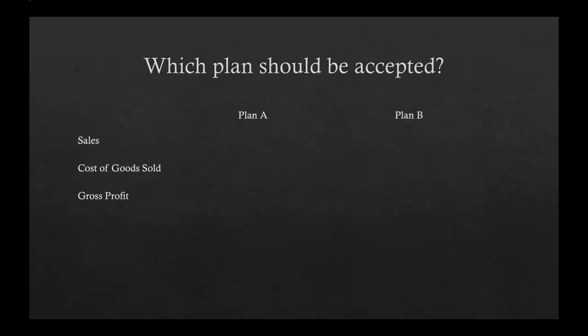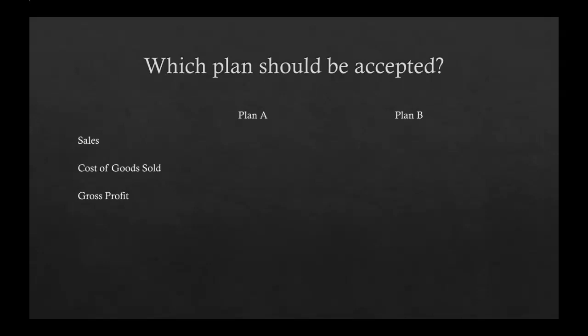So now the important part. Managerial accounting is all about making these decisions. You've made a sales budget, a production budget, you found out your cost per unit. None of that matters if we can't make this decision here. So which plan should be accepted? Well, we are going to choose the plan that has the highest gross profit for our company.